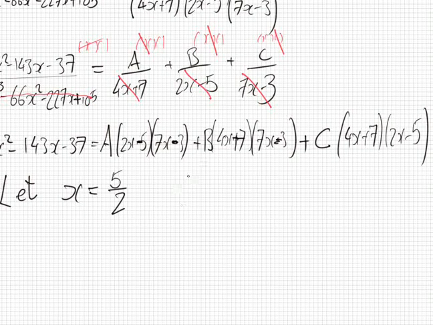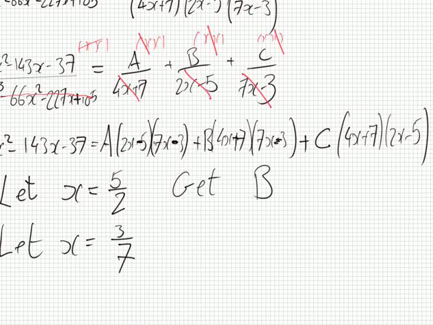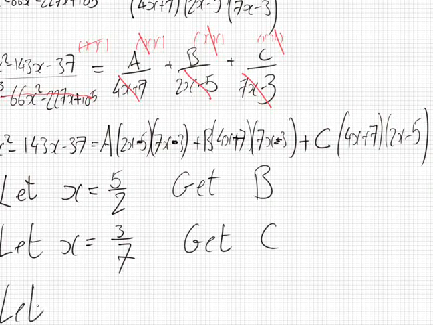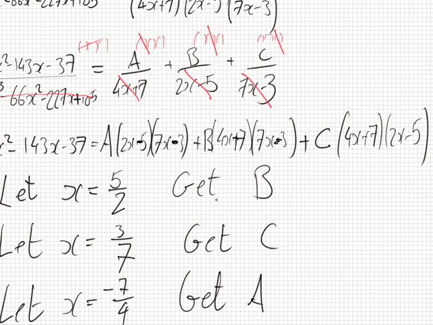So if you let x equal 5 over 2, you get B. Now if I let x equal 3 over 7, I get C. And finally, if I let x equal minus 7 over 4, this cancels and this gives me A. Which one? B. Here, this is 4x plus 7 times 7x minus 3.